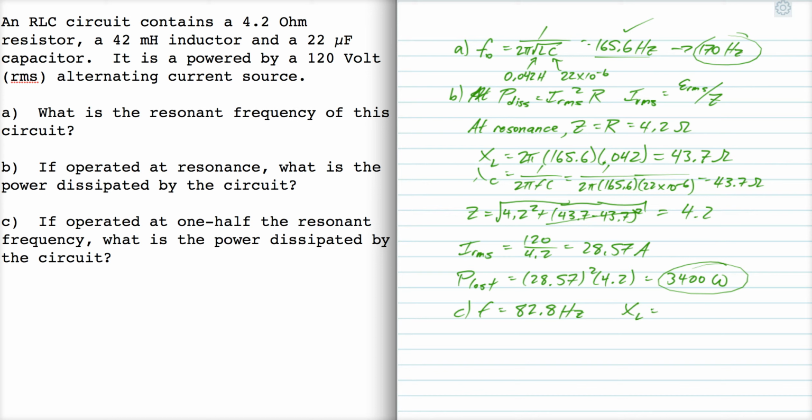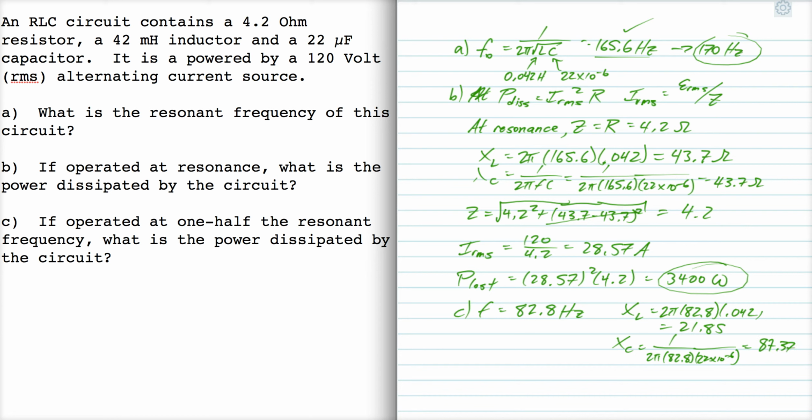So X sub L, if I calculate 2 pi FL, 2 pi times 82.8 times 0.042, that works out to be 21.85. X sub C, 1 over 2 pi times 82.8 times 22 times 10 to the minus 6. I already calculated this ahead of time, so that's 87.37.